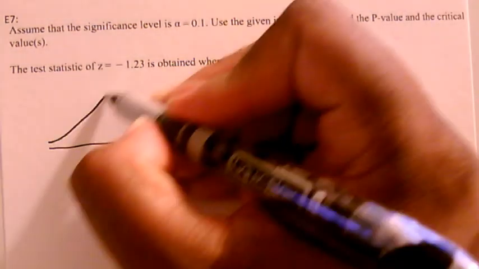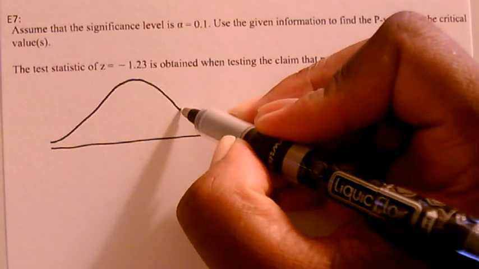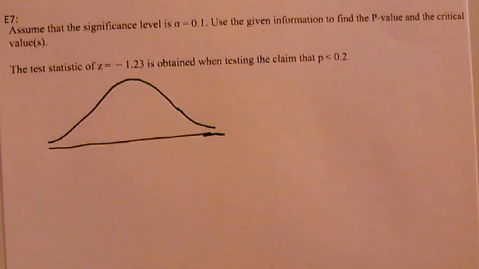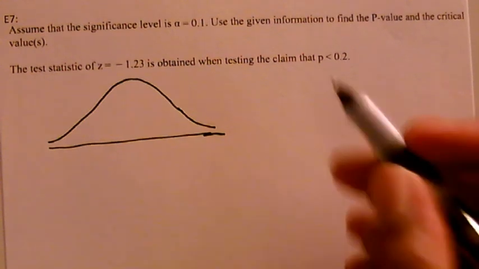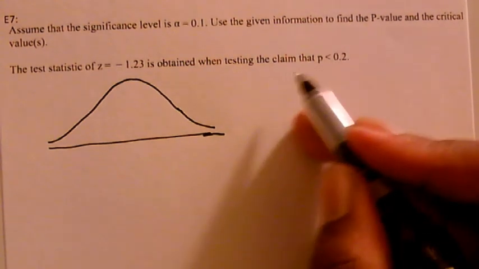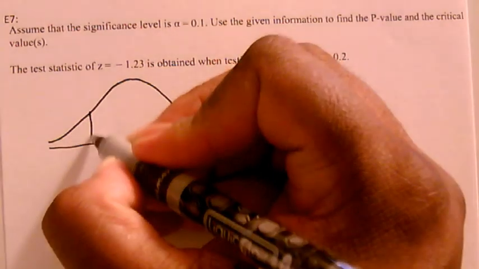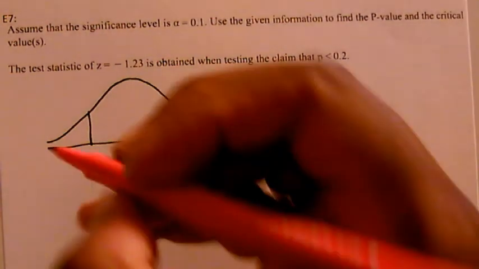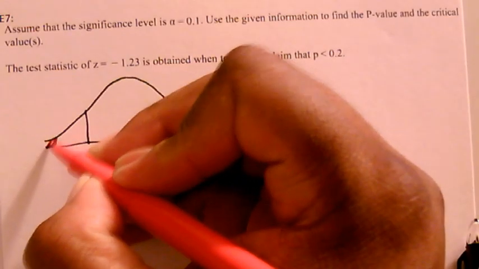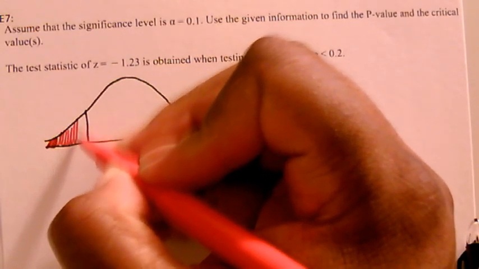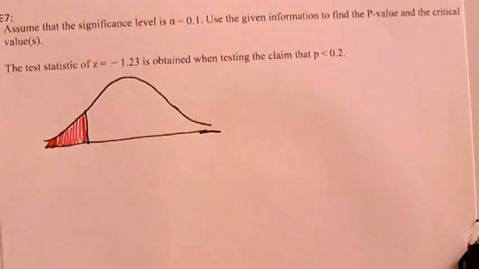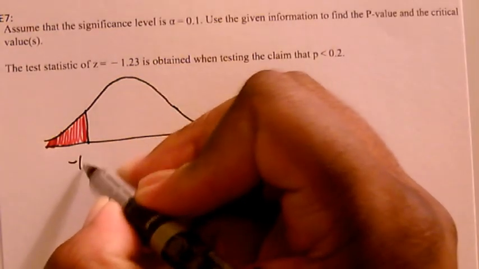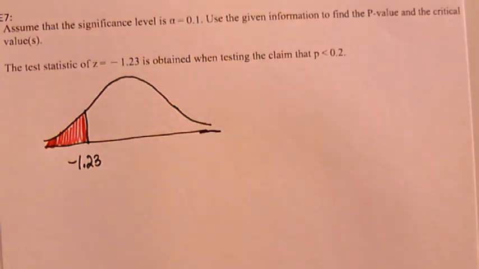Well, let's take a look at that. The less than tells me it is a left tail test because it points to the left, so the region that I'm talking about is going to be the area on the left-hand side. That's the p-value that I'm trying to find for z equal to negative 1.23.